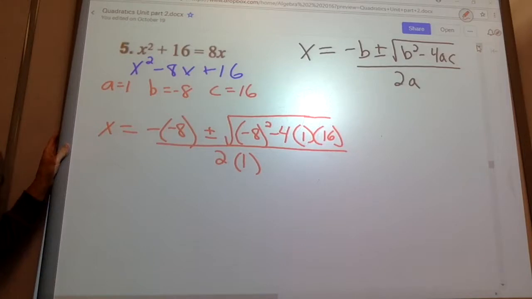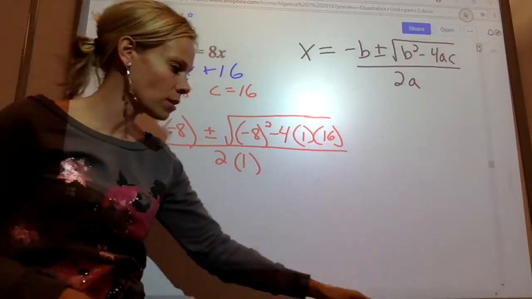That's the easy part. The easy part is putting A for A, B for B, C for C. Where students make mistakes is order of operations. You got to follow the order of operations. Okay? So simplifying the quadratic formula is where most mistakes occur.